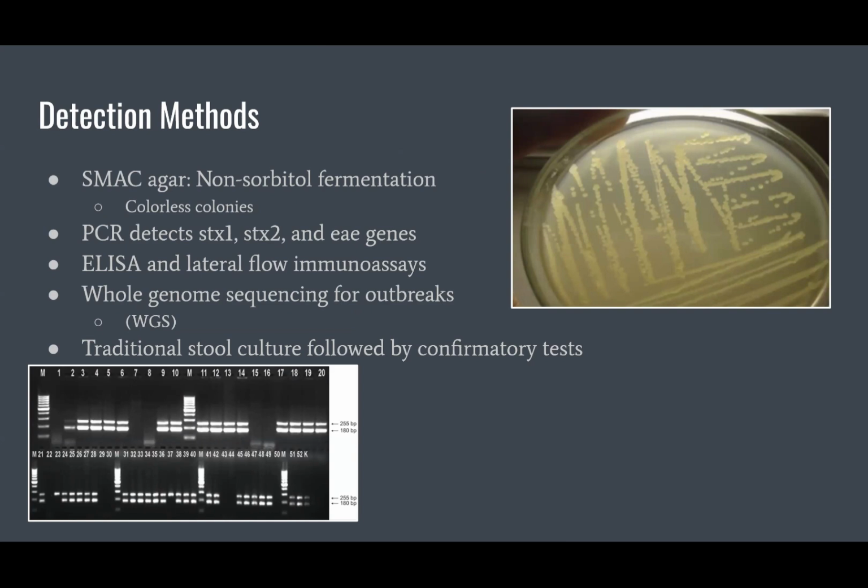For faster, more specific detection, PCR testing is used to identify genes like stx1, stx2, and eae, which encode Shiga toxins and adherence factors. ELISA and lateral flow immunoassays can detect the presence of toxins directly. In large outbreaks, whole genome sequencing helps identify the strain and trace the source. These techniques together provide a powerful diagnostic toolkit to confirm and manage infections.